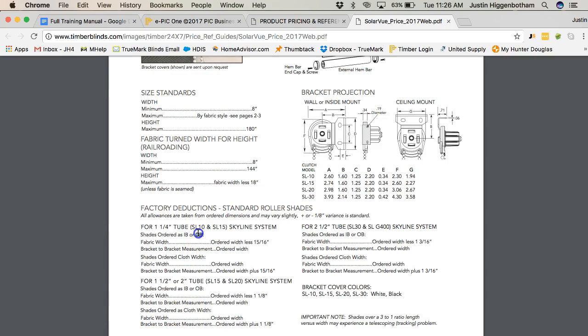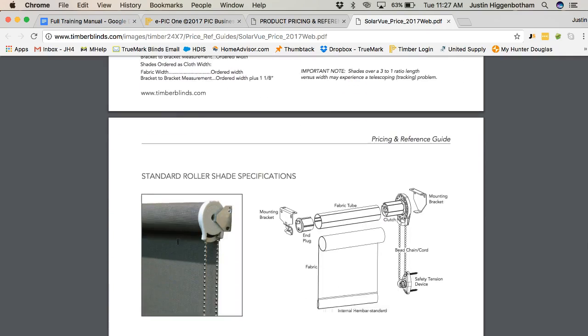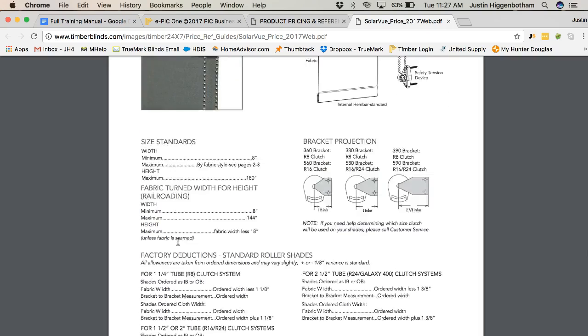If there's not enough depth on the inside of the window, a lot of times we do the outside mount, or the outside bracket. Depending on where you mount it in the window, they take different fabric deductions automatically from those different fabrics. And once again, you don't have to know all that yet. We'll get into that later.